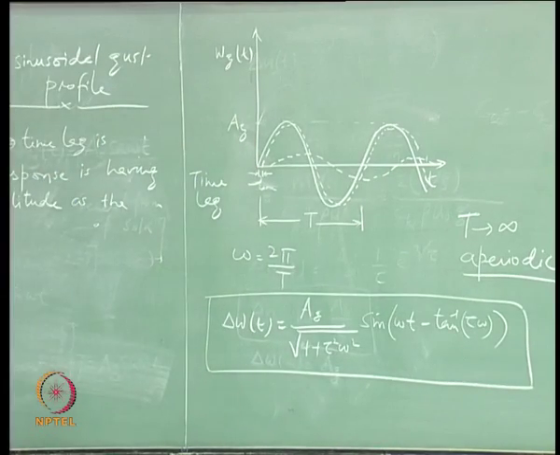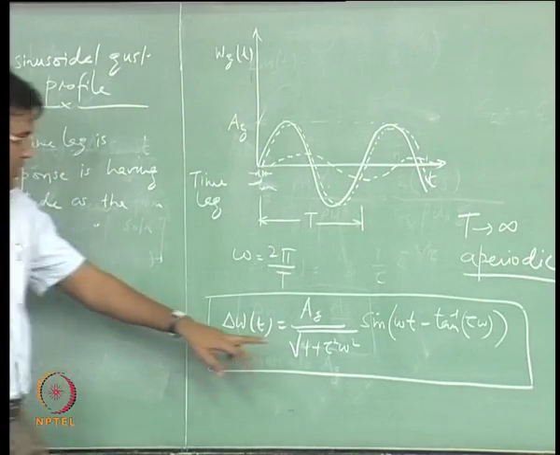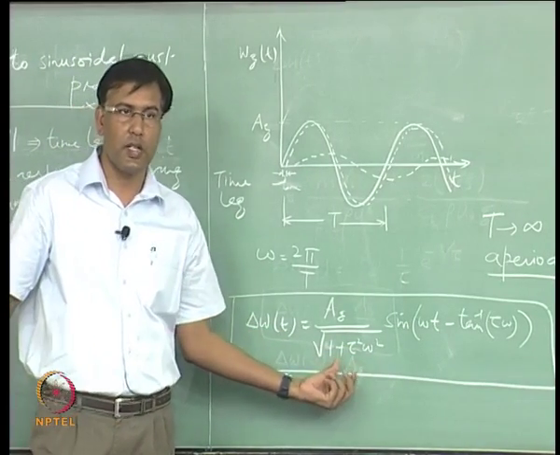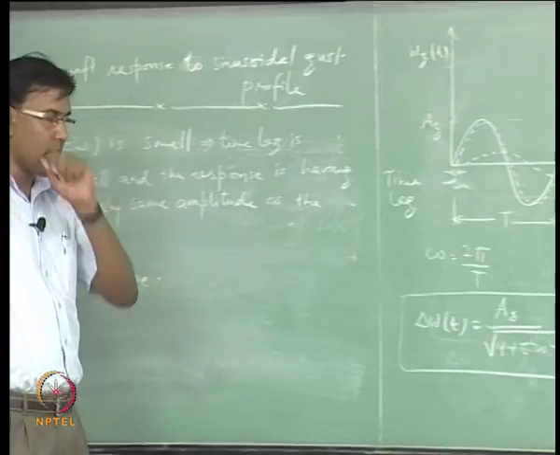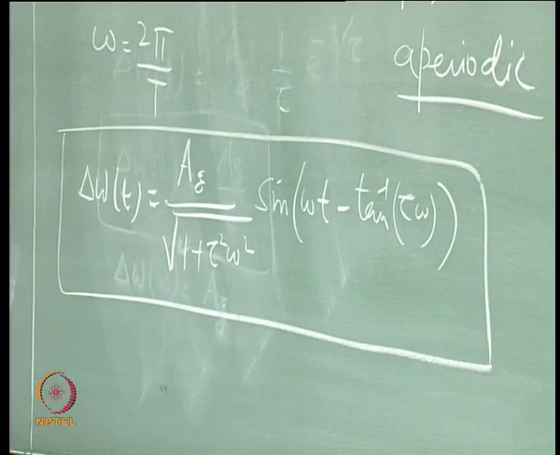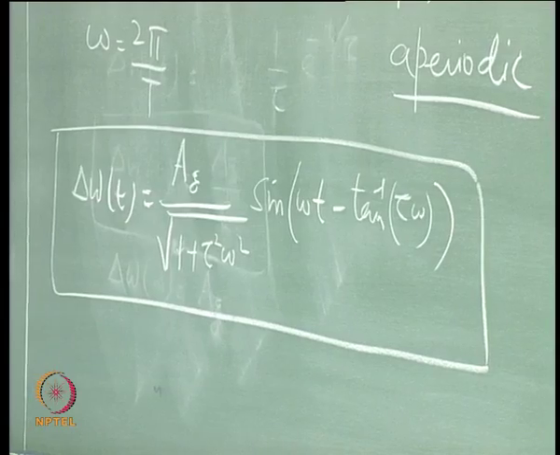Okay, let's say this omega is fixed and we have control over the time constant, right? The time constant is related directly to the wing loading, isn't it?